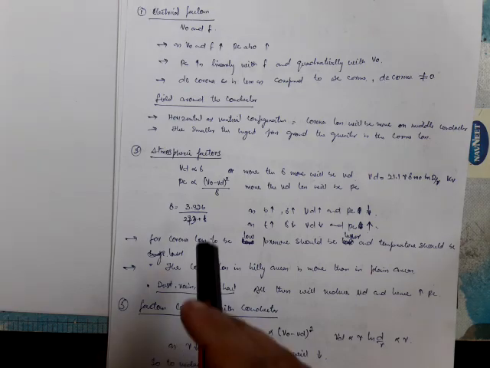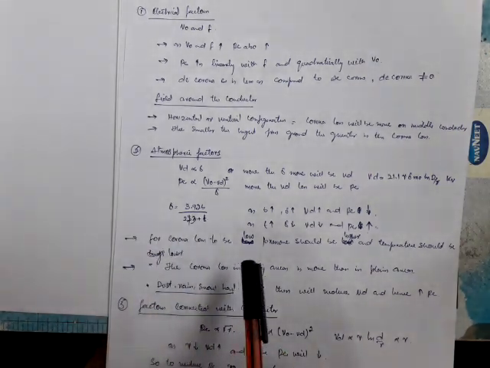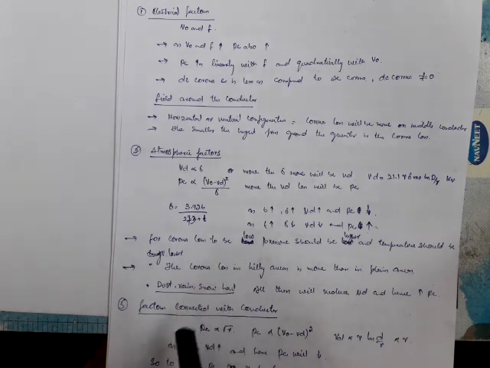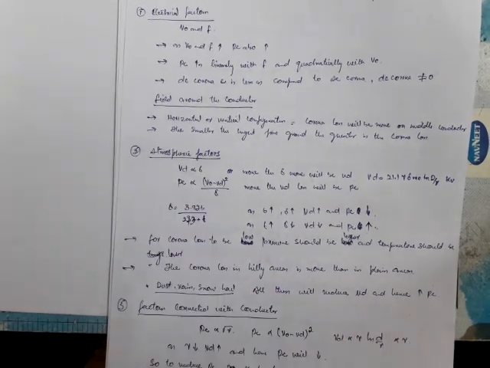When pressure is higher, delta will have a higher value, and when temperature is lower, delta is again higher. When delta is higher, you will see that PC will decrease.